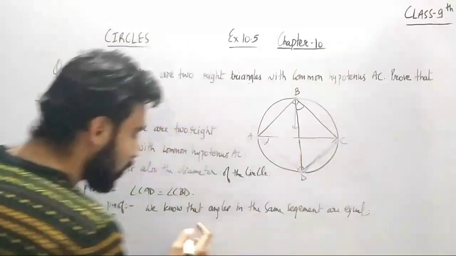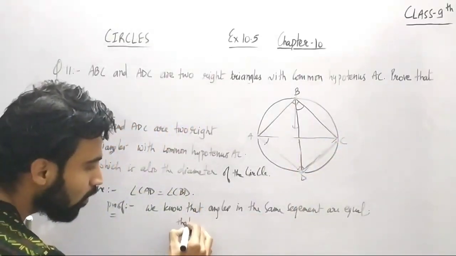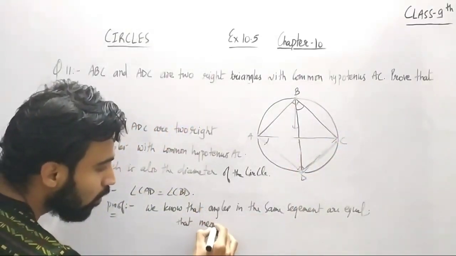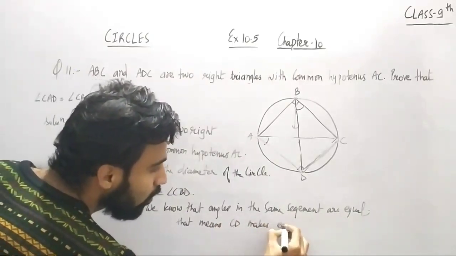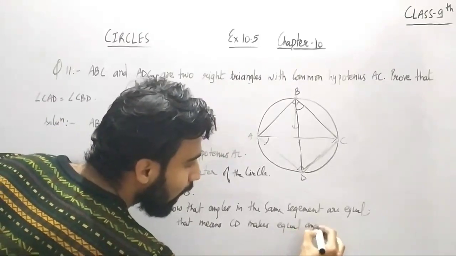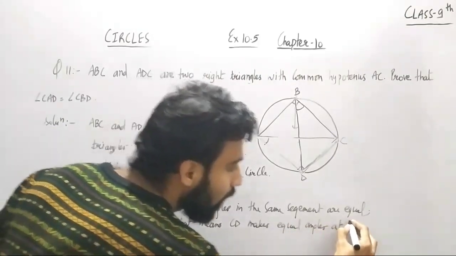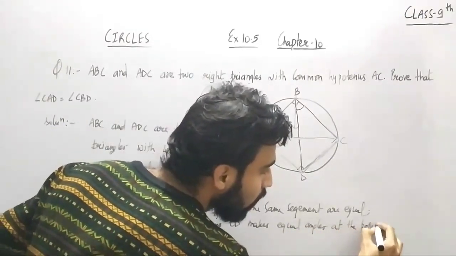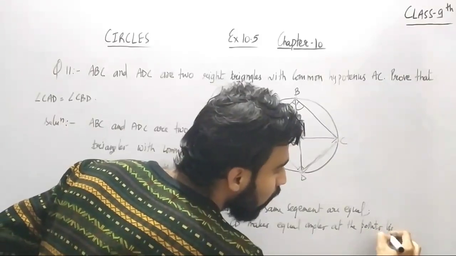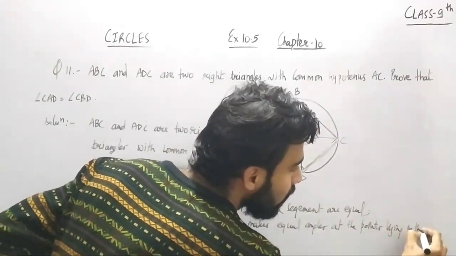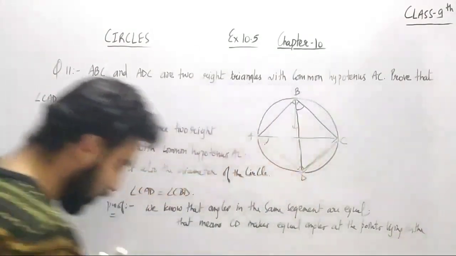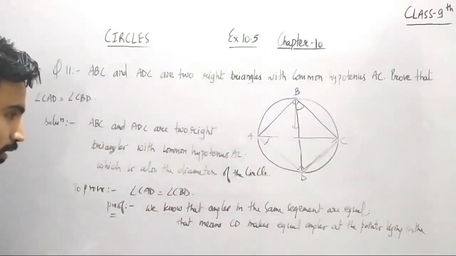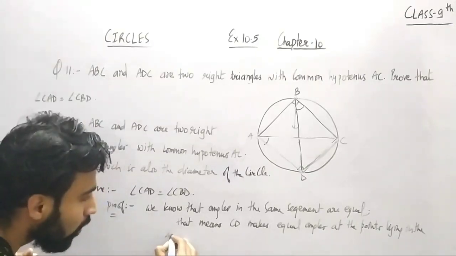So yani ki that means CD makes equal angles at the points lying on the same side. That would be better, right? Let me just change the marker again, on the same side.